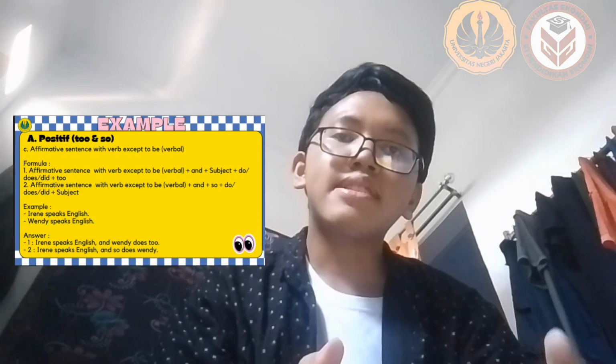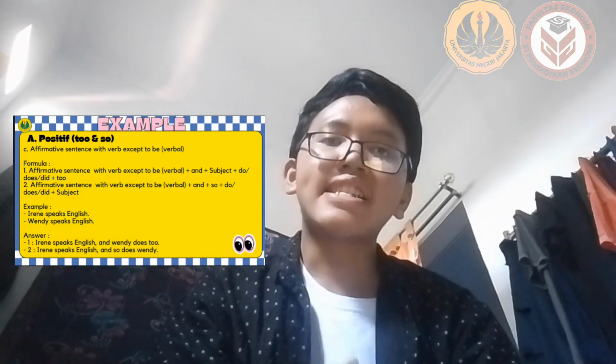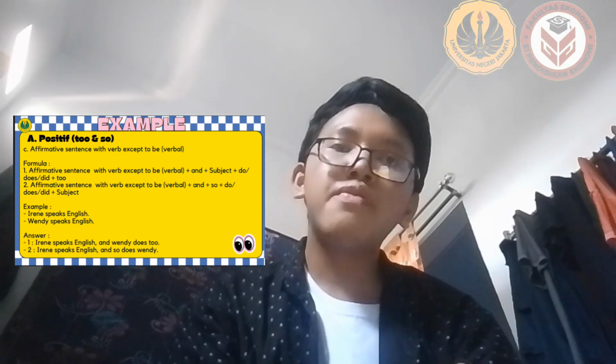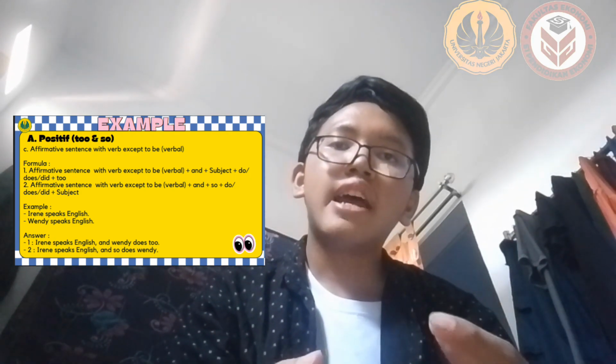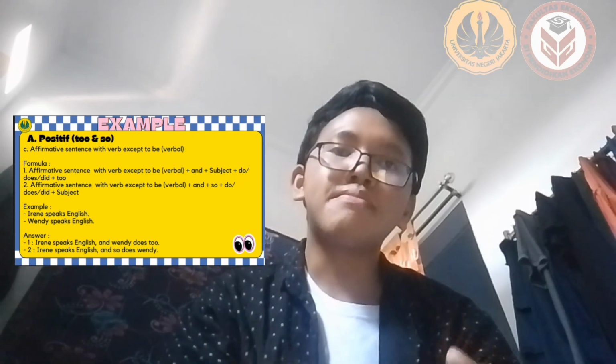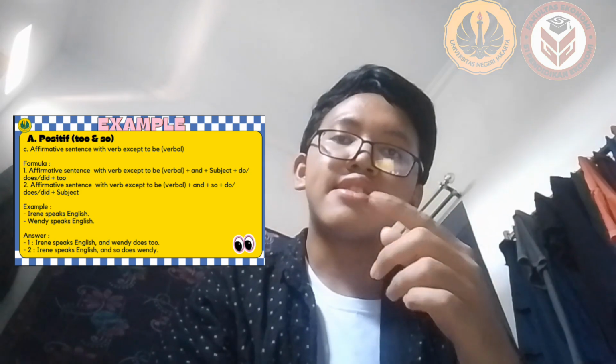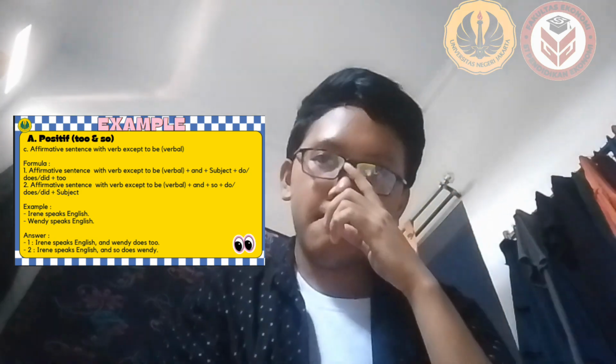C. Affirmative sentence with verb except to be, or you can say verbal. The formula is: first, affirmative sentence with verb except to be and subject, do or does or did, plus too.